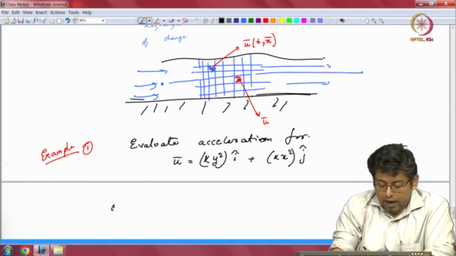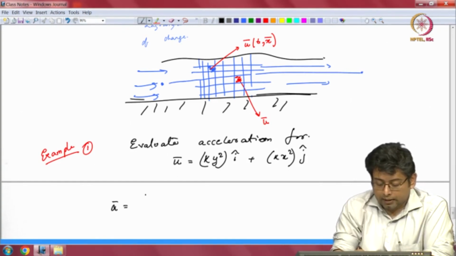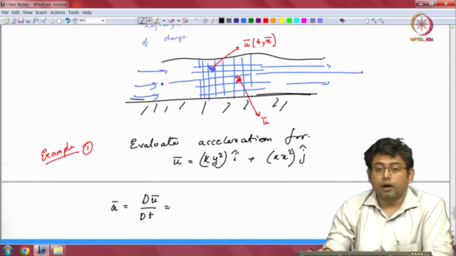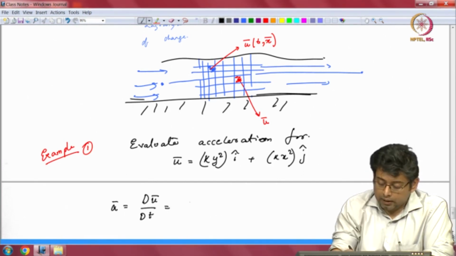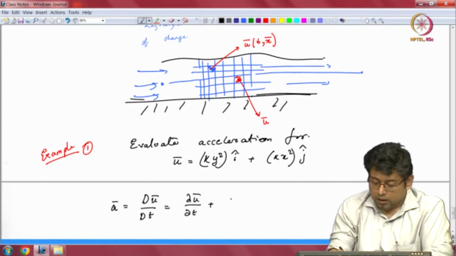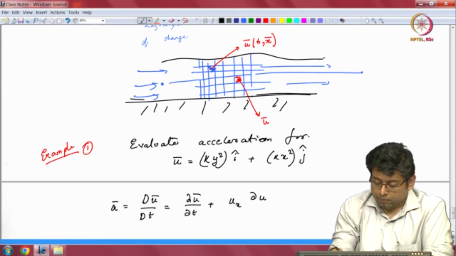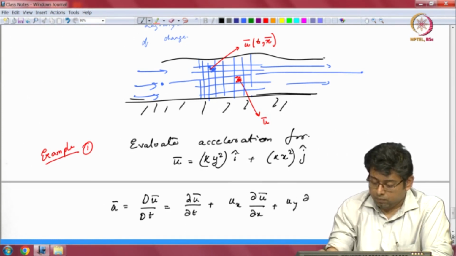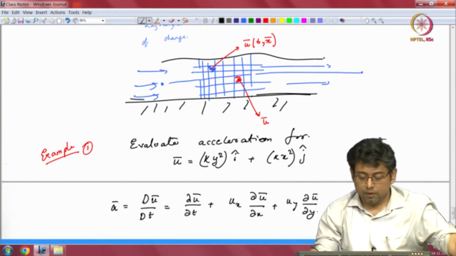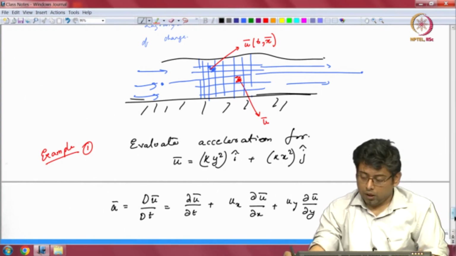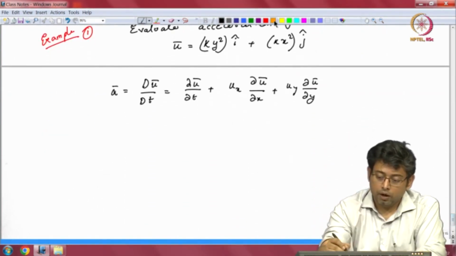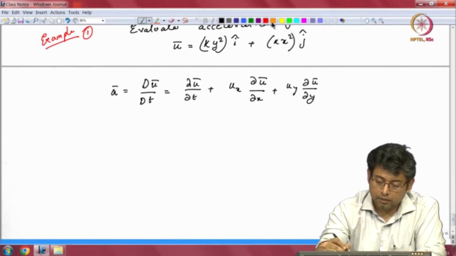Now, if you had to calculate this acceleration, you have to do what we did earlier. You have to take this Lagrangian derivative, and this now would simply be, right. So now we already can see that this term is 0.